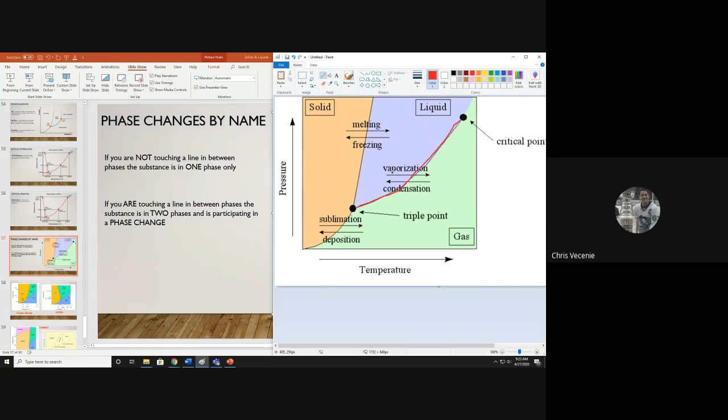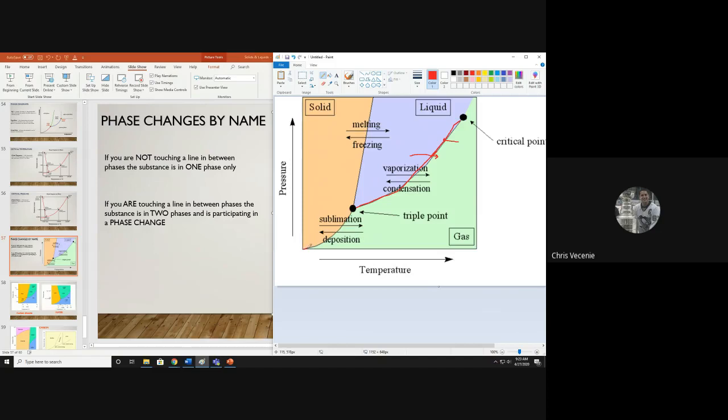And why both? Because it just depends on where you start. If I was up here and I'm cooling the substance, the moment I touch that line, I'm going to start condensing. But if I were here and I heated the substance when I hit this line, I would be vaporizing it because I was taking the liquid and it is starting to turn into the gas. But on the line, both phases are present.